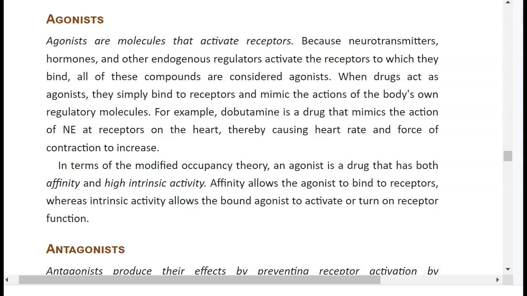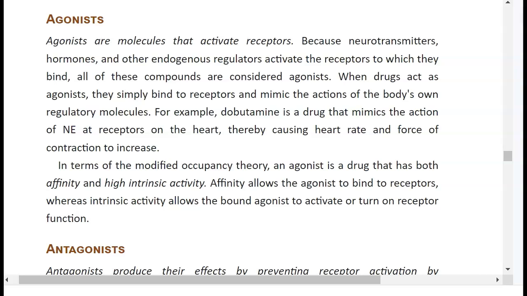So if I have a lock sitting on the outside of a cell, okay, and I give the drug, I give a bunch of floating keys. The key is able to find the right lock. That's affinity. It very quickly goes, ooh, that's my lock, I got you, and very quickly lands there. With the affinity, the key gets inserted into the lock.